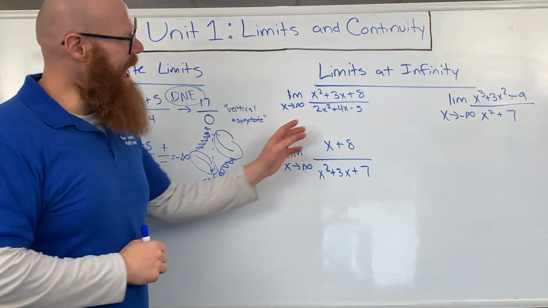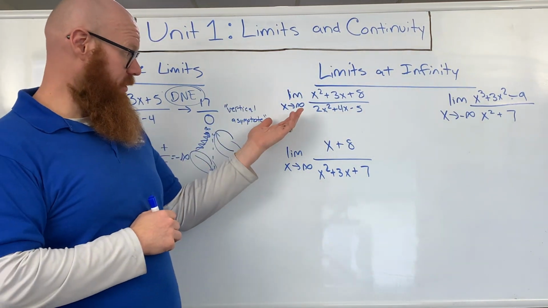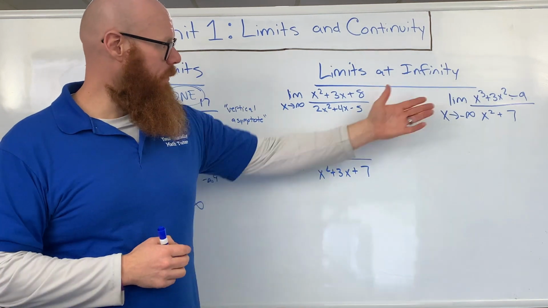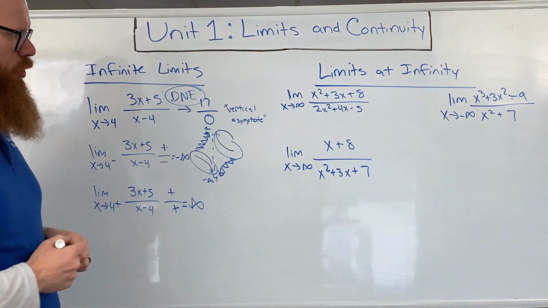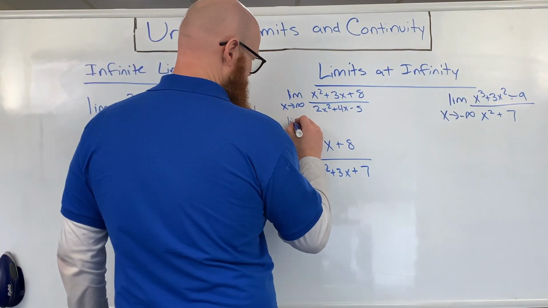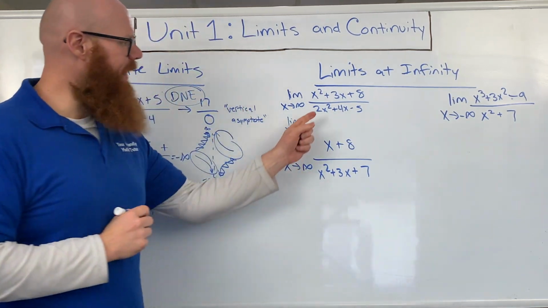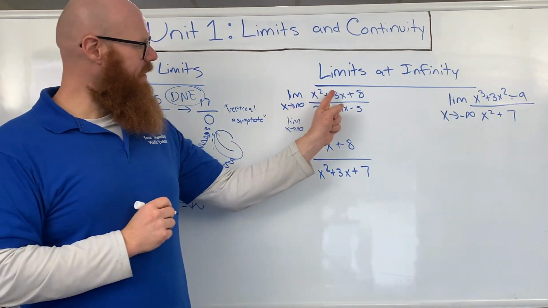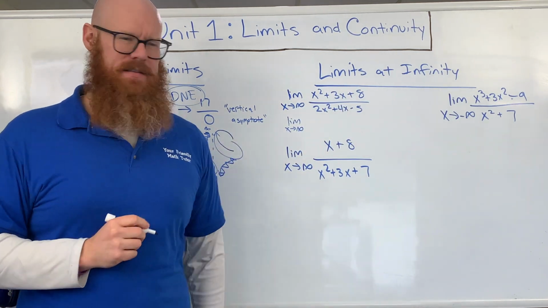Now we look at limits at infinity, which is very easy to diagnose. It literally just says the limit as x goes to infinity or limit as x goes to negative infinity. So the way that I'm going to show you to do this is to rewrite it like this. I'm going to divide every single piece of this, every term, by the largest power of x in the denominator.